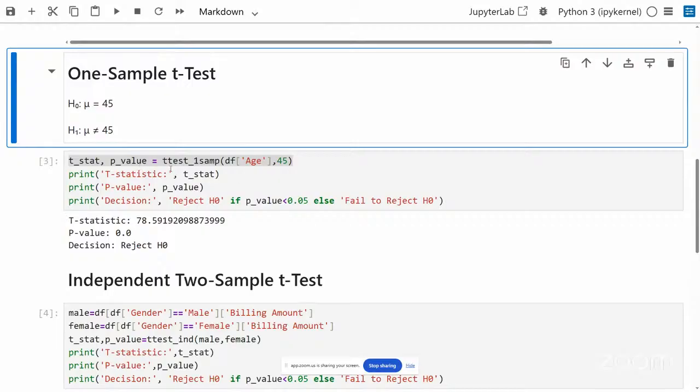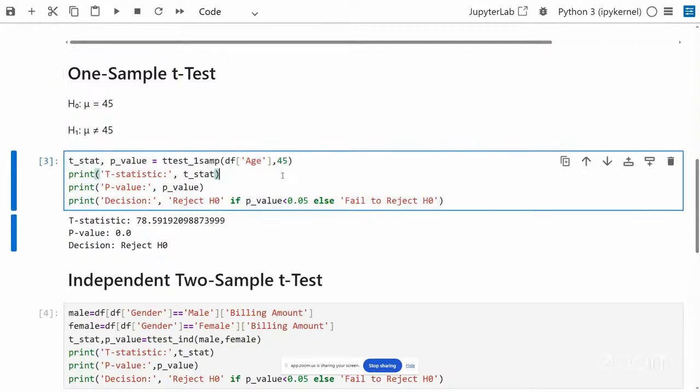Here you can see ttest_1samp, and we are taking age, the variable, and the mean is 45. When we execute, we have two values: one is the t-statistic value and the other is the p-value.